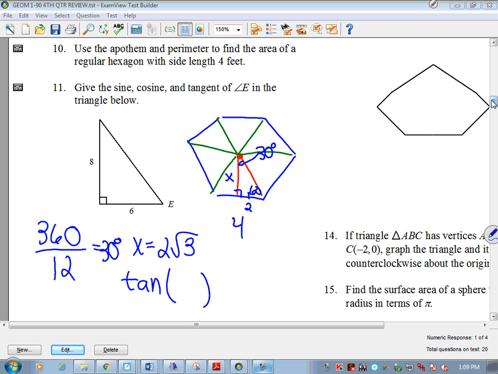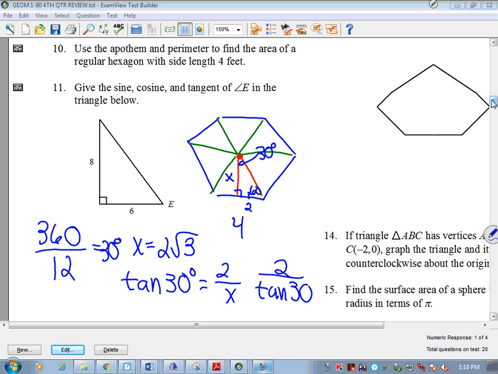Tangent 30 degrees equals 2 over x. So I would ultimately wind up with 2 divided by tangent 30, which is going to give me a decimal because 2 radical 3 is irrational.